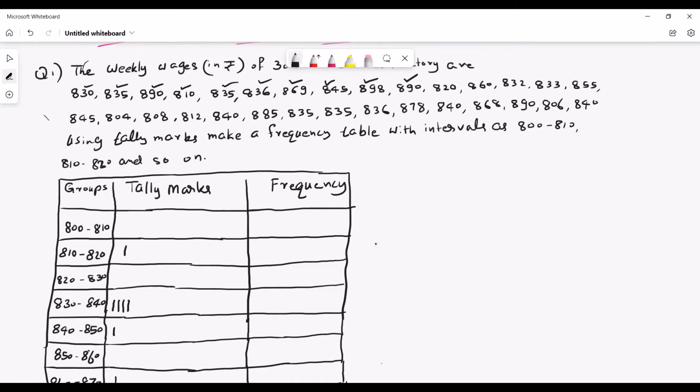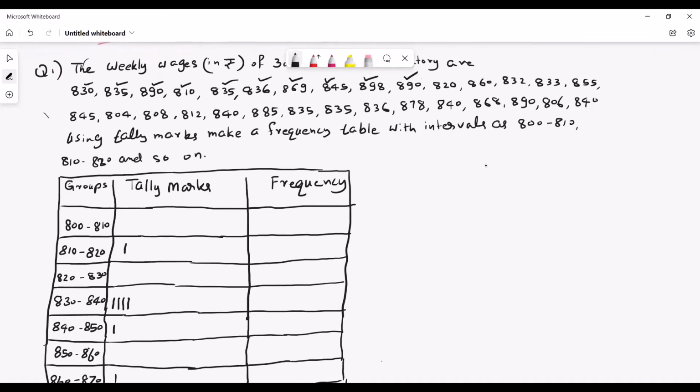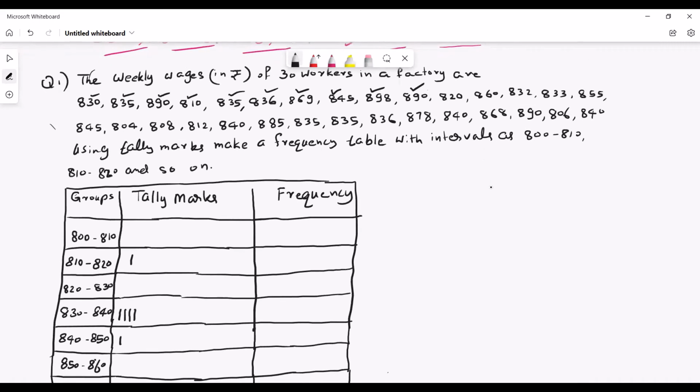Now we are having 890. So mark 890 also here. Sorry, 820. 820 is also a confusion. So we don't keep any confusion. Wherever 820, 830 is coming, there you mark, not in 810 to 820. We have to mark here only.